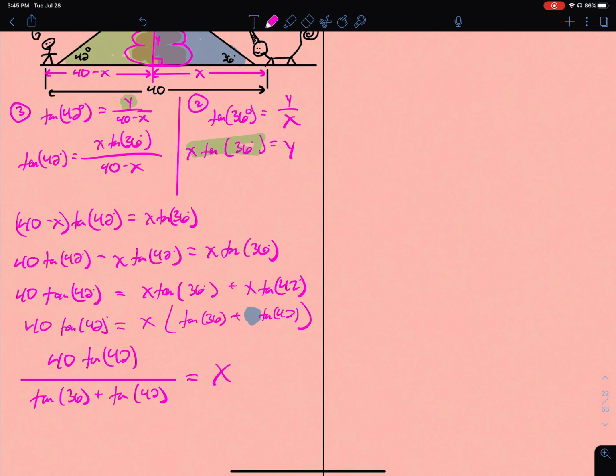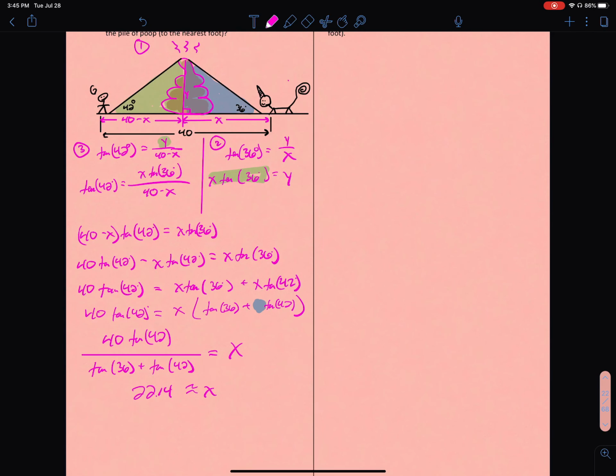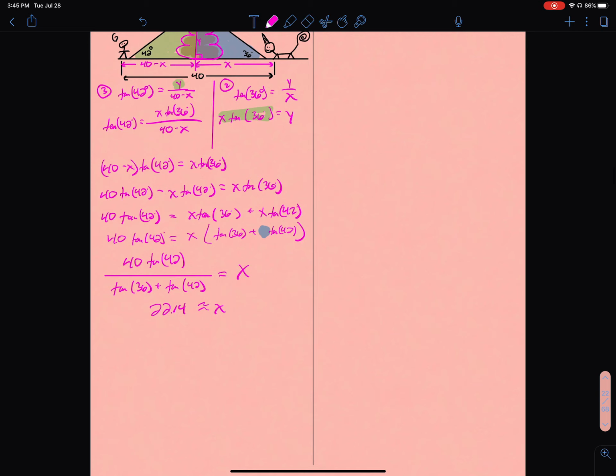If you were to put this in your calculator correctly, you would get 22.14 is what x is. Now, the question was, what is the height of the poo? So now, step 4, we're going to take this equation, which is x tangent of 36 degrees equals y.